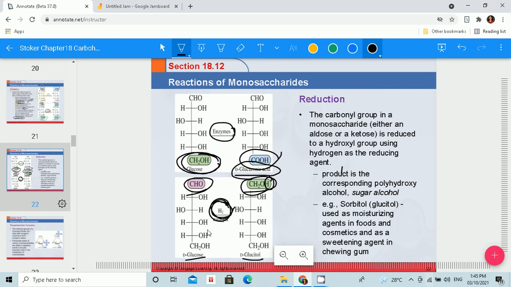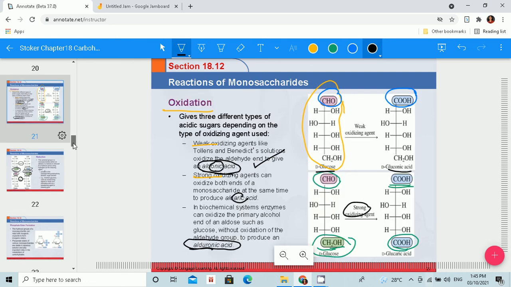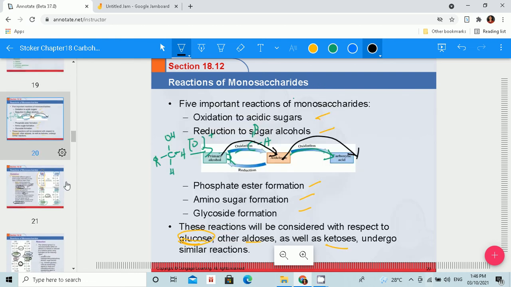If you have an aldehyde forming an alcohol, the reaction is reduction. From primary alcohol to aldehyde, that is oxidation.